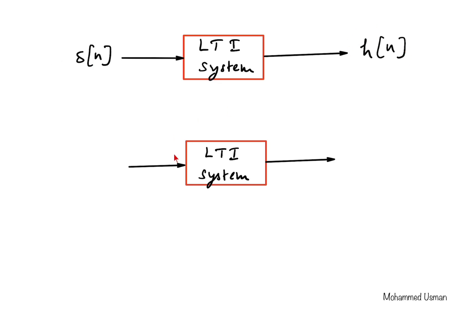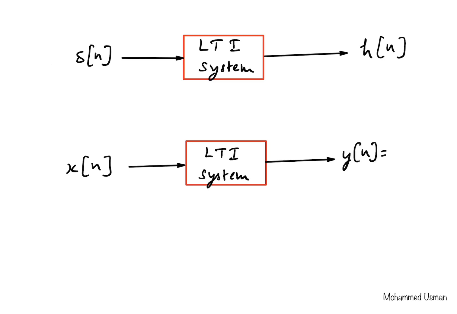If this h of n is known, then we can find the output of that same LTI system for any other input signal. So if there is any other input signal x of n, what is the output of the system? That is what we are interested in finding. And if we know this h of n, we can find the output y of n.